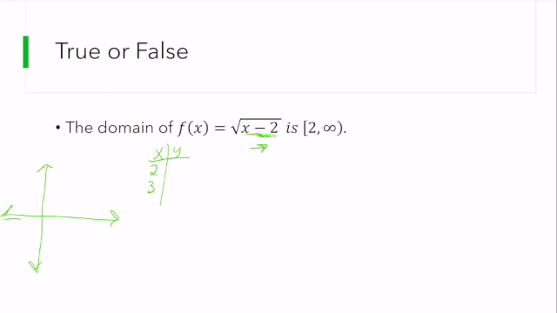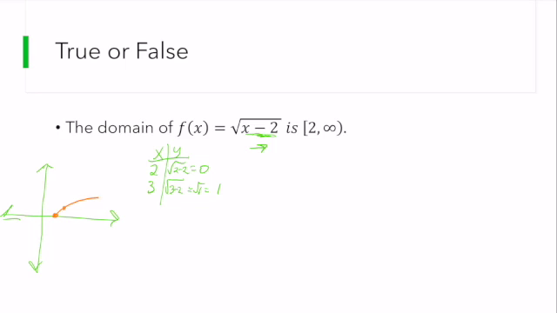If x is 2, then I have the square root of 2 minus 2, which is 0. So when x is 2, y is 0. And when x is 3, that's the square root of 3 minus 2, which is the square root of 1, which is 1.